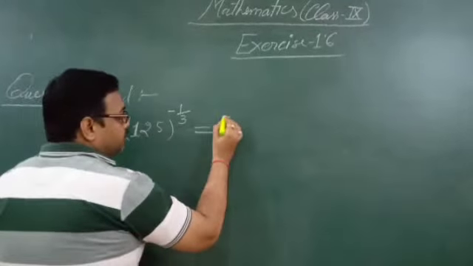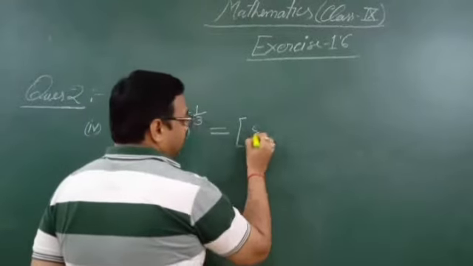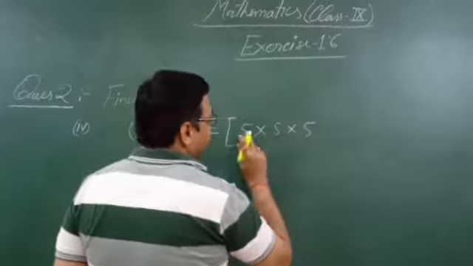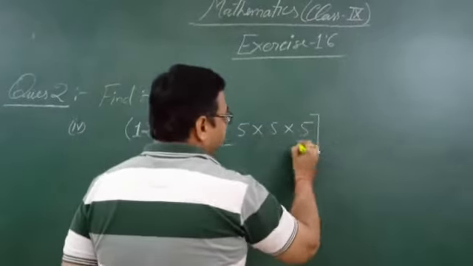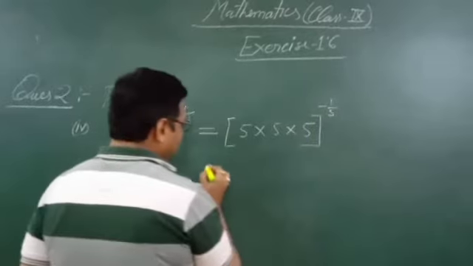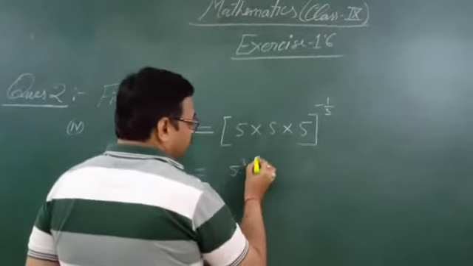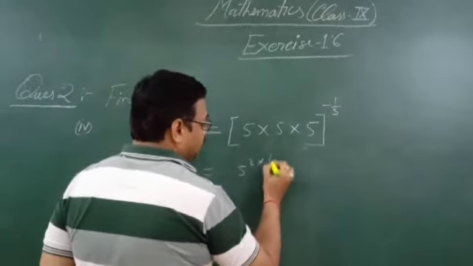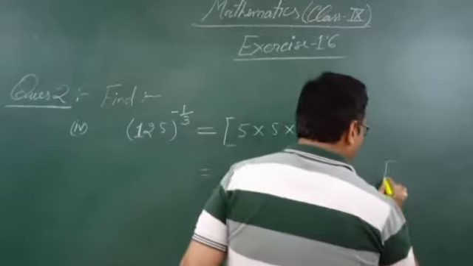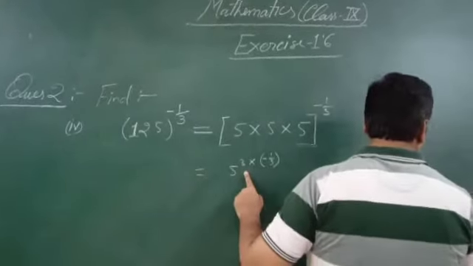Here we will write the prime factorization of 125, 5 into 5 into 5, whole to the power 1 upon 3. So this you can write 5 to the power 3, and by the property of exponent, directly I am going to write it, because now you understand the process.